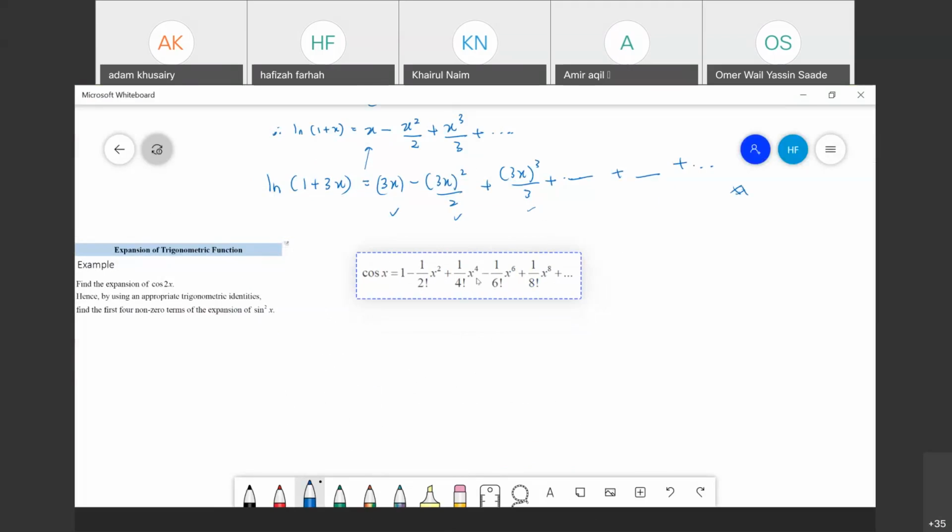So let's say you have found the expansion of this. So what you need to do is just substitute our 2x into the series. So we have 1 minus (2x) squared over 2 plus (2x) to the power of 4 over 4 factorial, and then minus (2x) to the power of 6 over 6 factorial.